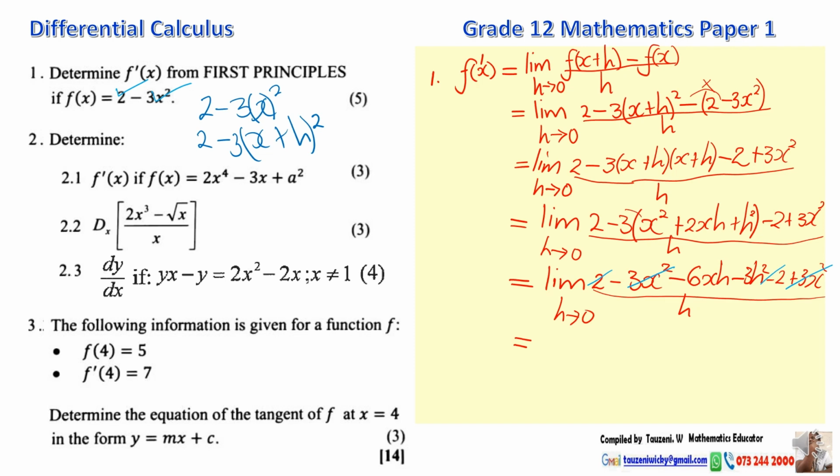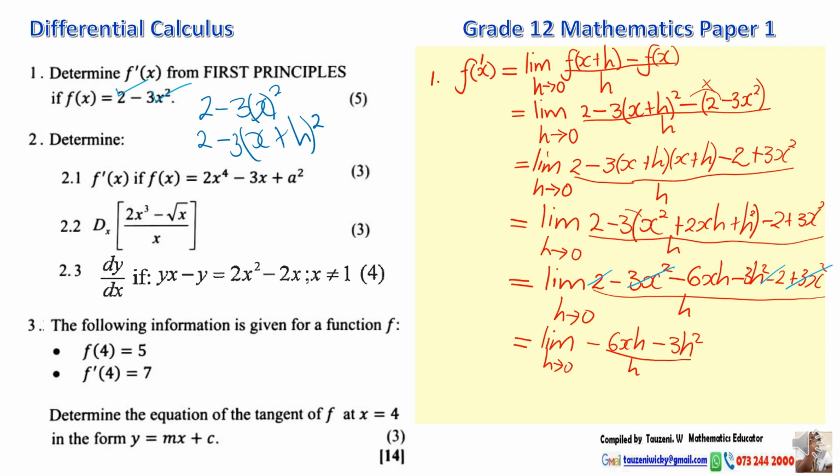When the original terms of my expression are removed, what remains are terms that contain h. They definitely must be in terms of x and h. H must appear in every term because the next thing after this is factorization.